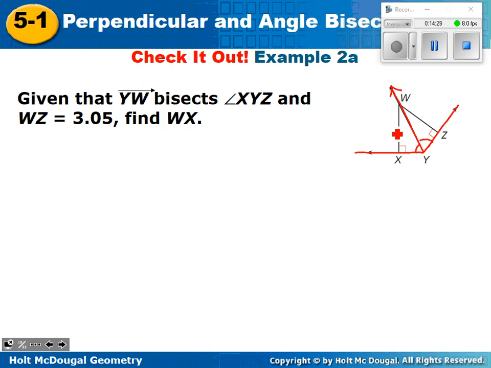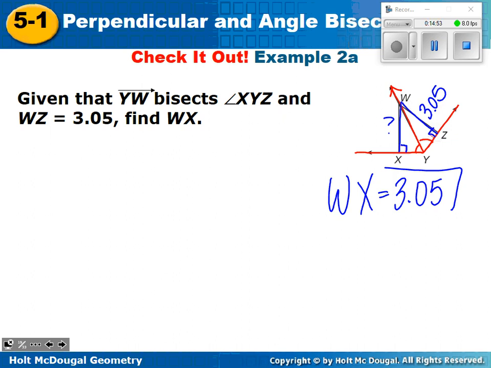And it says WZ is 3.05. And the question is, what is WX? Good. Again, they are drawn with little right angles, so we do know that because it's an angle bisector, those distances should be equal. So it is super simple. We just say WX equals 3.05.